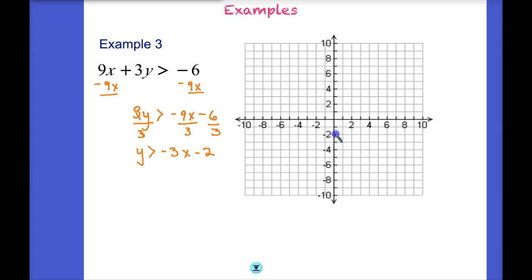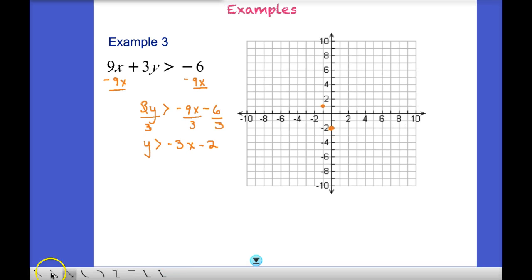My y-intercept is down here at -2, and my slope is -3 over 1. If there's nothing below it, remember that it's 3 over 1. So I'm going to go up 1, 2, 3, and then go to the left 1 in order for my slope to go in a negative direction. Now I just need to draw my boundary line, and it is going to be dashed because I have a greater than sign, not a greater than or equal to sign.